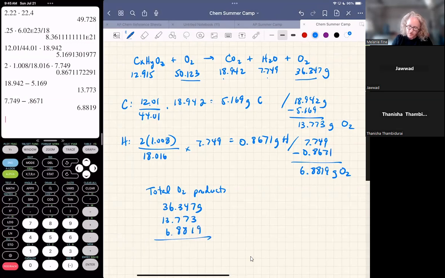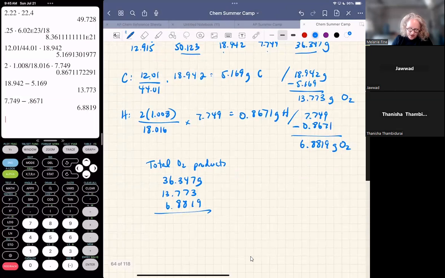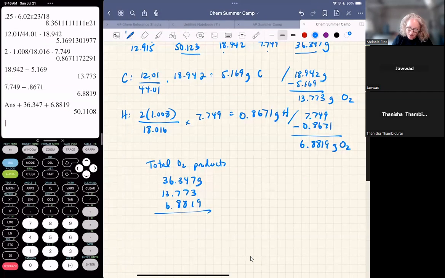And if that's greater than 50.123, then I know there's oxygen in my compound, right? And it is greater, I can tell right now. So 6.8819 plus 36.347 plus 6.8819 gives me a total. It's not much. Interesting. It's about 50.